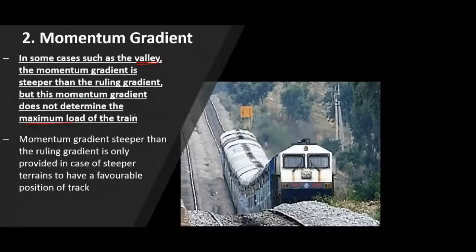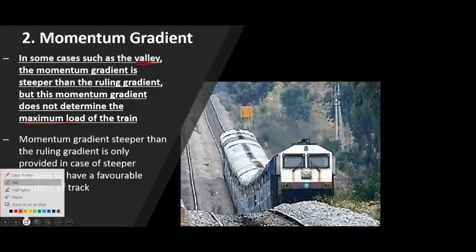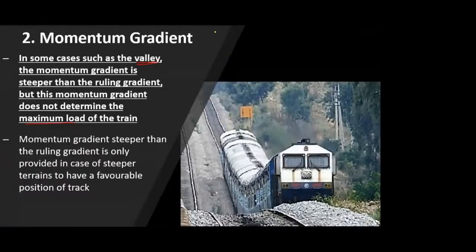Okay, so the confusion which can happen is what I told you. The maximum load that your engine can take is determined by the ruling gradient. I'll just write the short form RG, and this ruling gradient is the maximum gradient on your section.